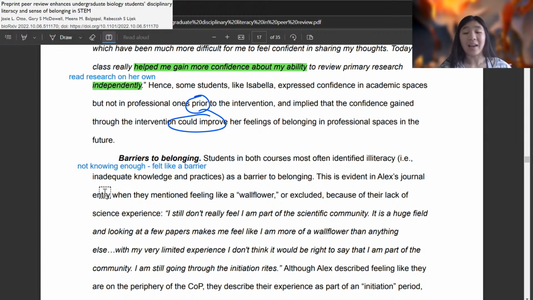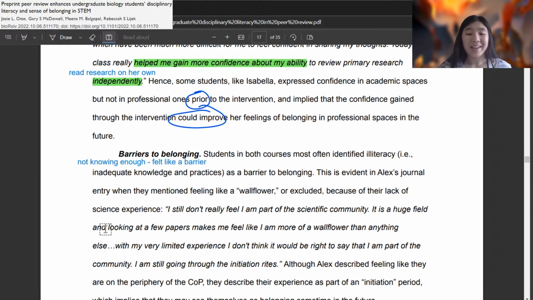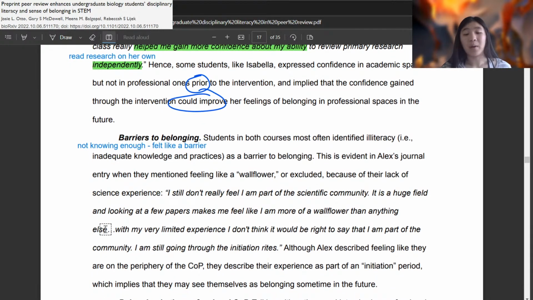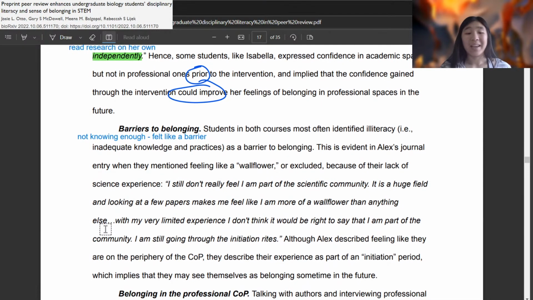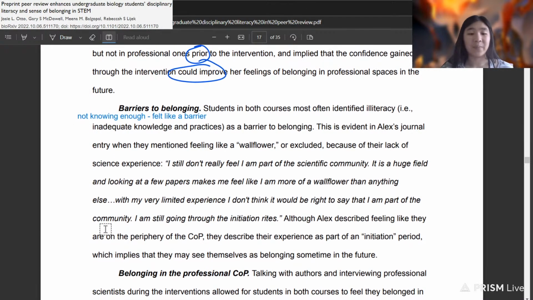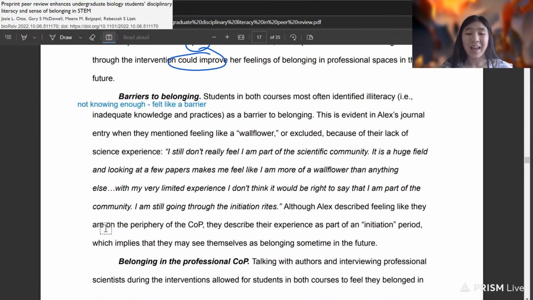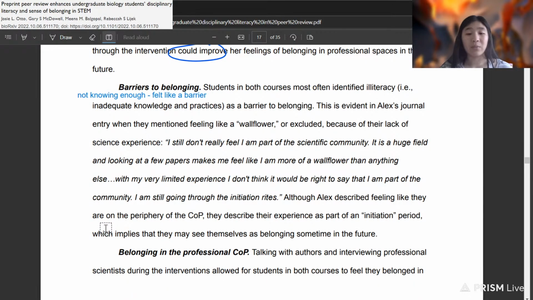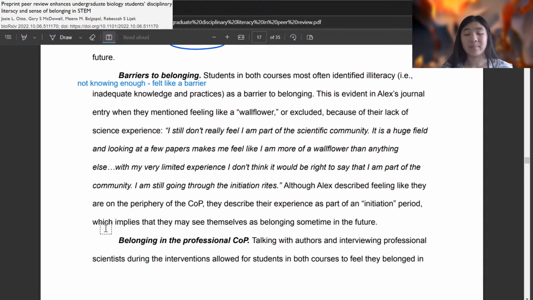This is evident in Alex's journal entry when they mentioned feeling like a wallflower or excluded because of their lack of science experience. "I still don't really feel like I'm a part of the scientific community. It is a huge field, and looking at a few papers makes me feel like I'm more of a wallflower than anything else. With my very limited experience, I don't think it'd be right to say that I am part of the community. I'm still going through the initiation rites."